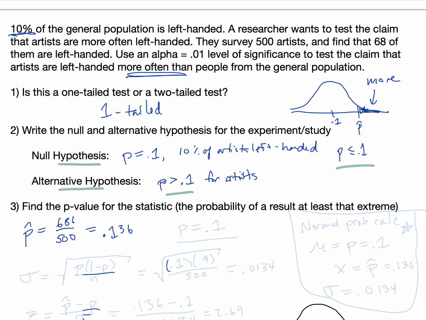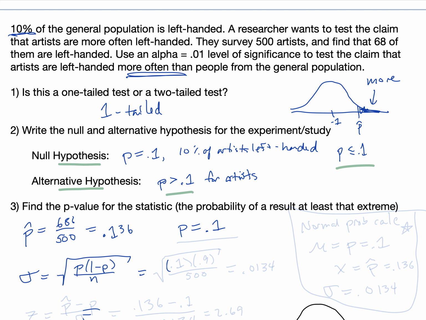What is that probability? To find that probability, we are going to find the standard deviation for this distribution of sample proportions, and that's the square root of the proportion of successes times the proportion of failures divided by the sample size. Again, assuming the null hypothesis is true, assuming that P equals 0.1 for this population of artists overall. So again, this result of 0.136 could theoretically happen by chance.